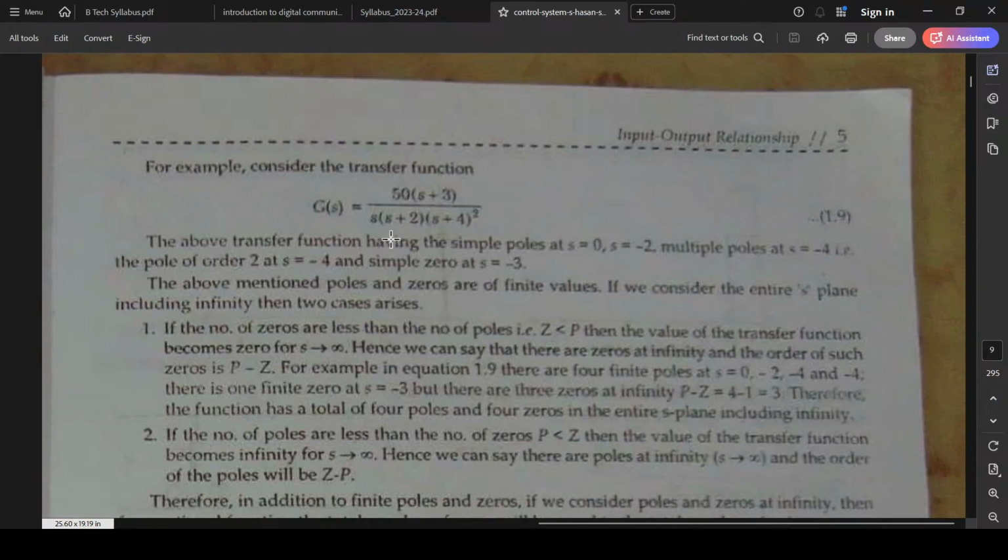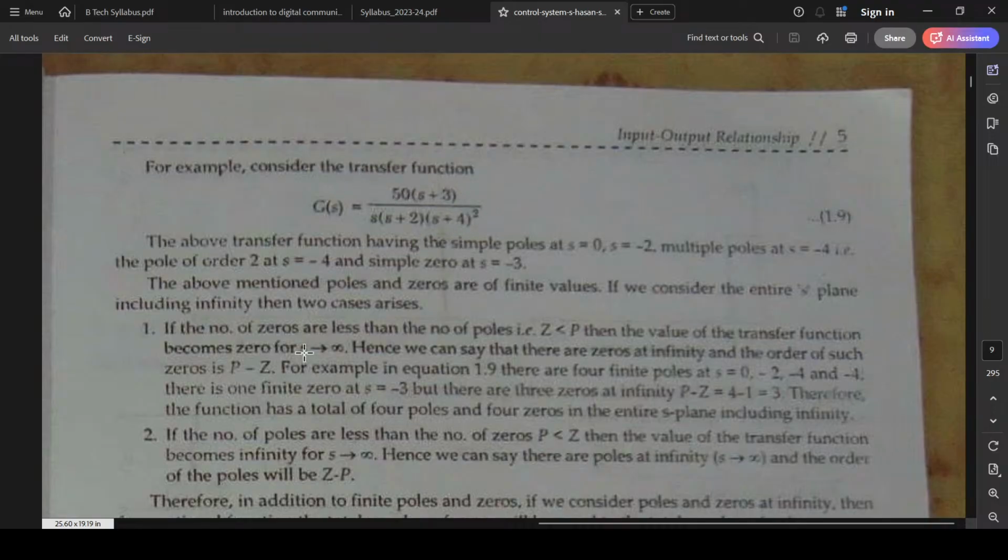For example, consider this. They have given a very good, easy formula. Let me just write the values of s for which G(s) becomes 0. So there's this question: G(s) is equal to 50(s plus 3) upon s(s plus 2)(s plus 4) whole square.